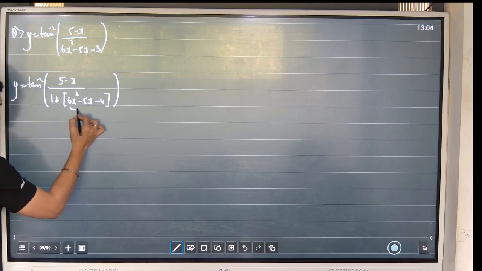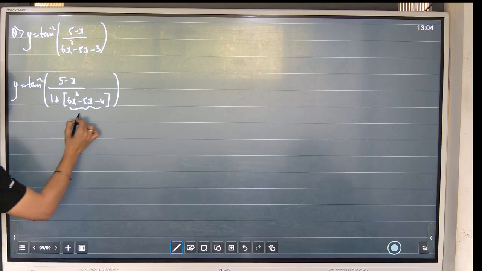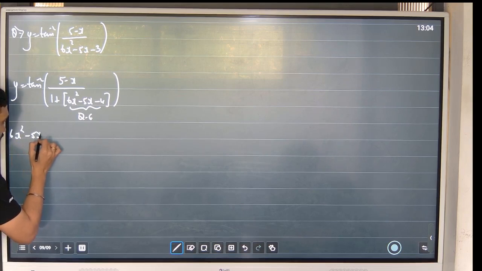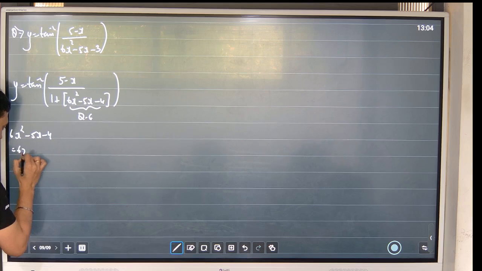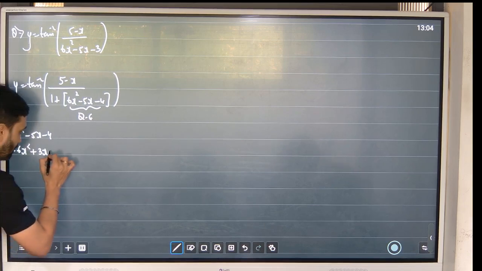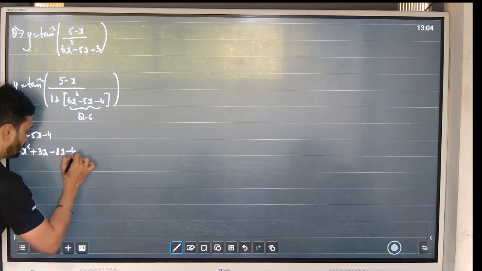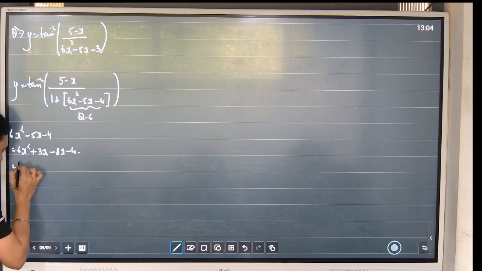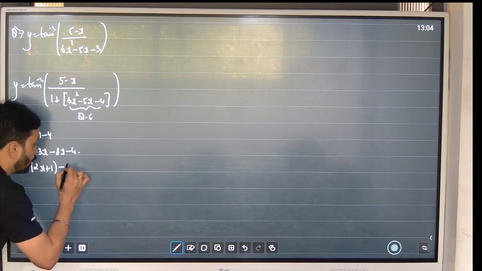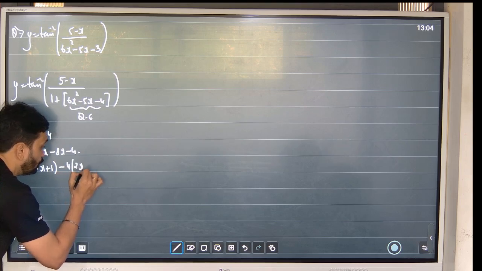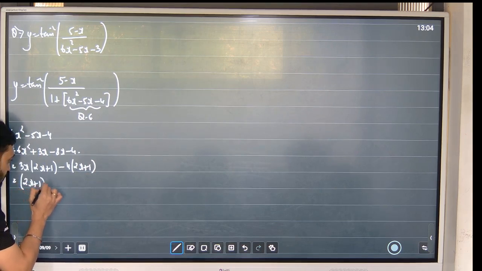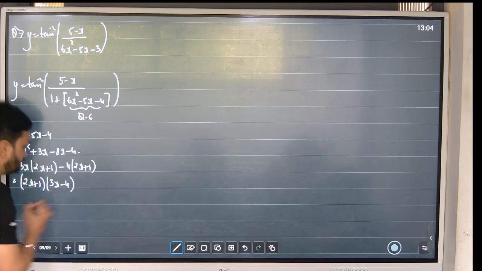Now, this is a quadratic equation, so let's find the factors. 6x square minus 5x minus 4 is nothing but 6x square plus 3x minus 8x minus 4, which is 3x(2x plus 1) minus 4(2x plus 1), which is (2x plus 1)(3x minus 4).